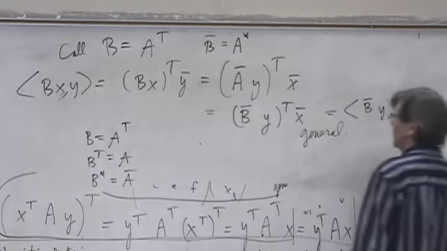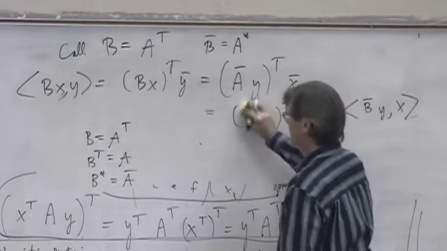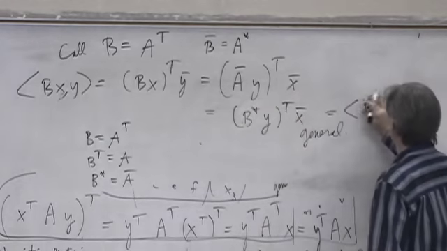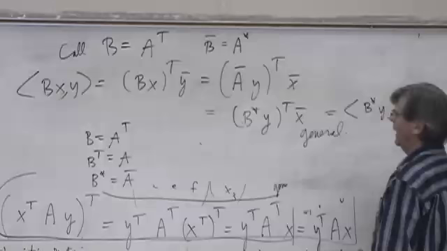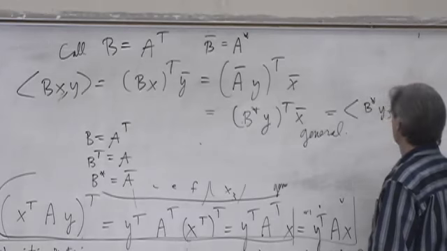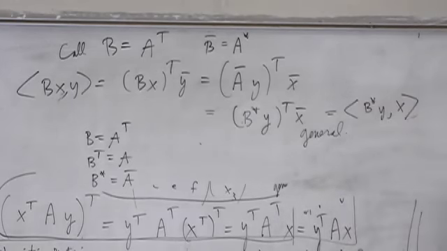So this was A star. So I get a B star Y X. So what do we want to do?